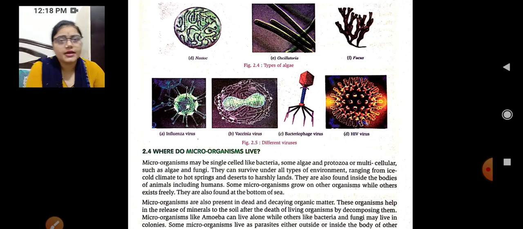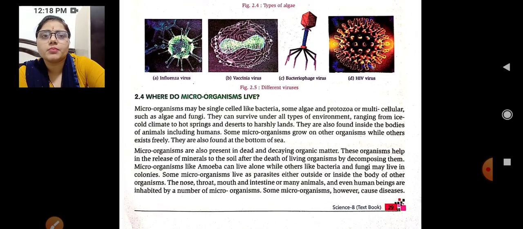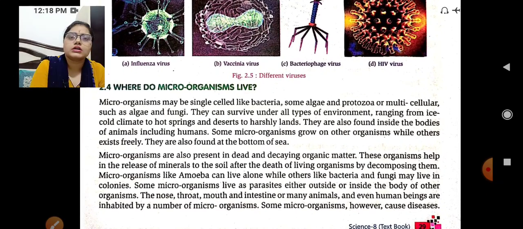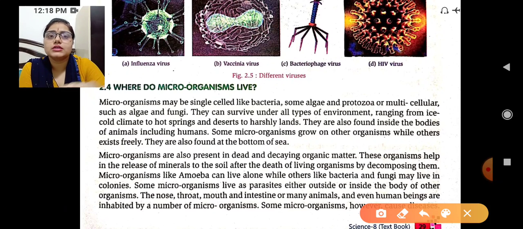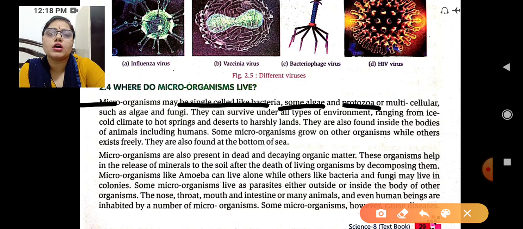Clear? Okay, moving ahead with our next topic: where do microorganisms live, and what is their mode of living. Here we are going to discuss this. Microorganisms may be single-celled like bacteria, some algae and protozoa, or multicellular such as algae and fungi.